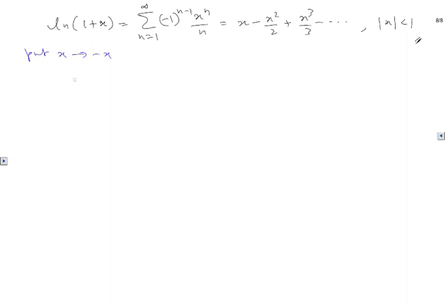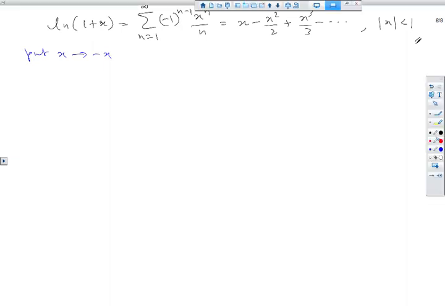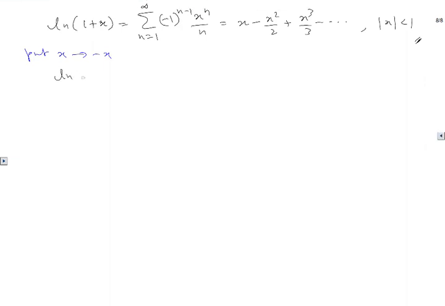If you plug in negative x, it becomes ln(1 minus x). So what's going to happen here? Sigma n going from 1 to infinity, (negative 1) to the n minus 1, and this is (negative 1) to the n over n, so you get another negative sign.